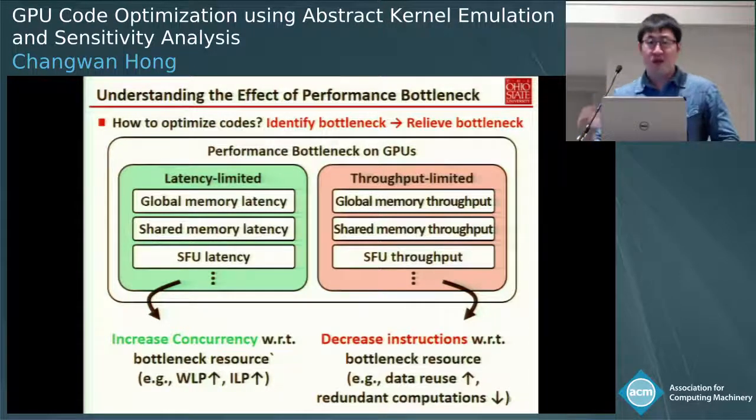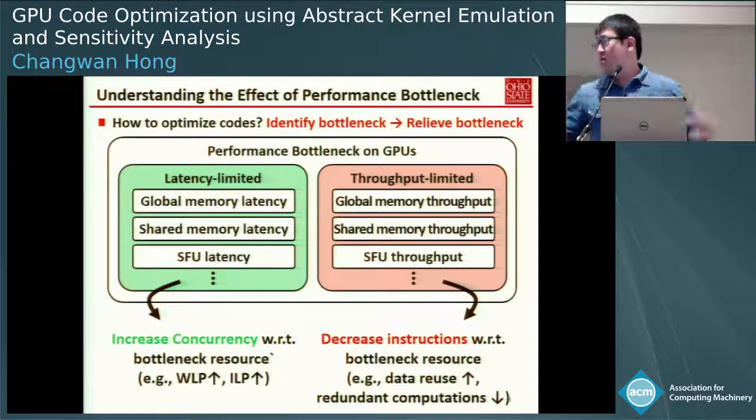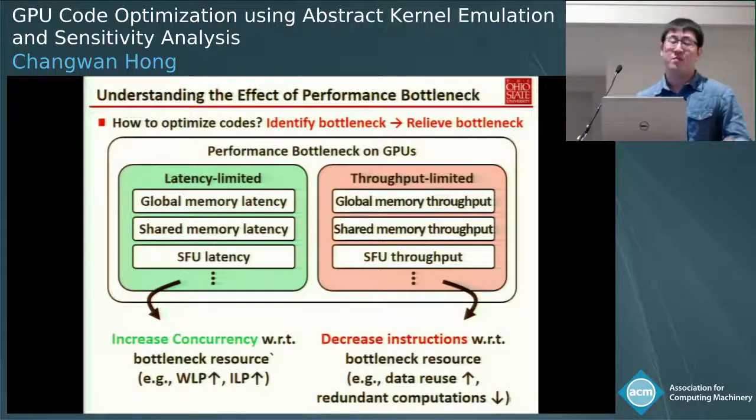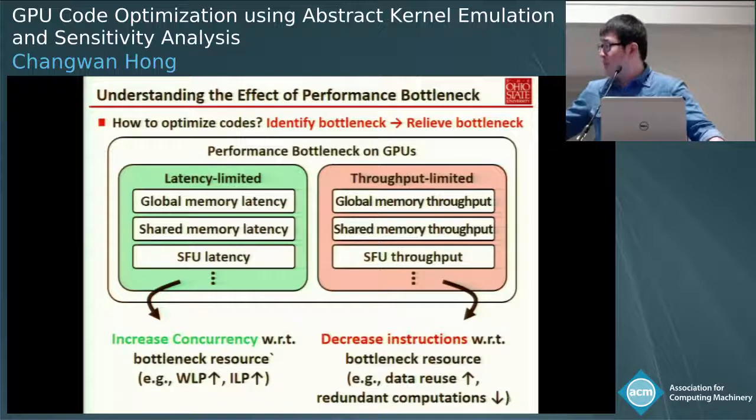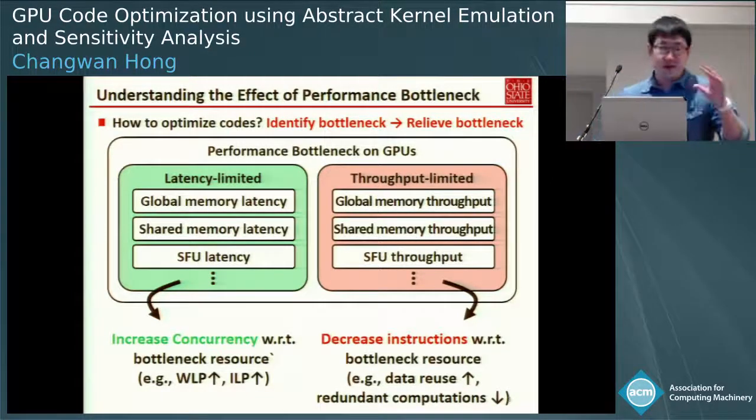For example, if performance is bounded by global memory latency, then we can increase warp level parallelism, I mean the number of active threads, or we can increase instruction level parallelism with respect to global memory operations. On the other hand, if performance is limited by a throughput, then increasing concurrency may not be helpful because the bottleneck resource is already saturated.